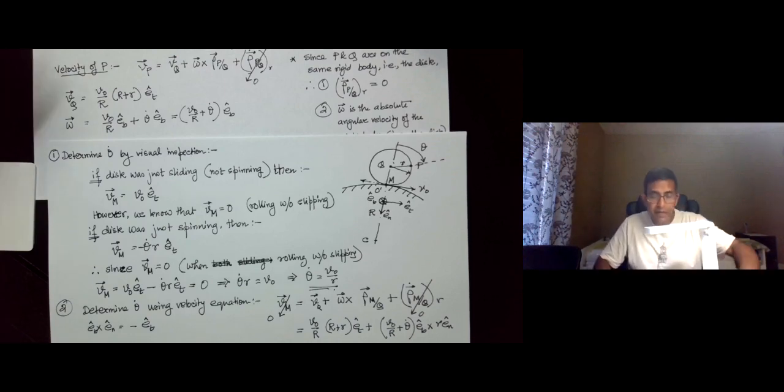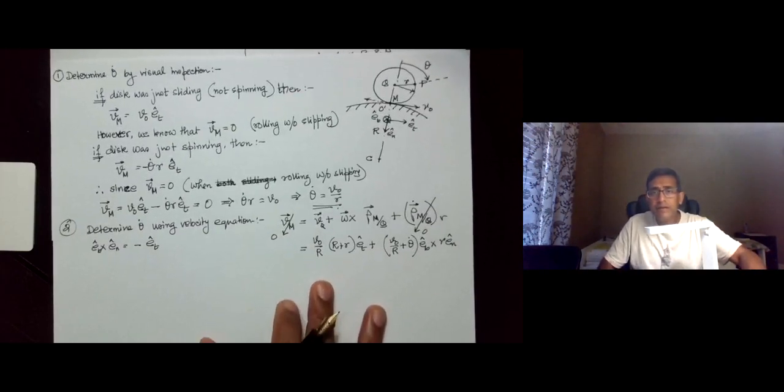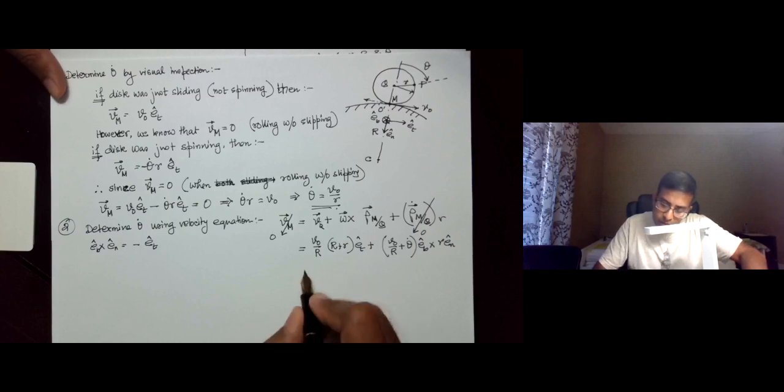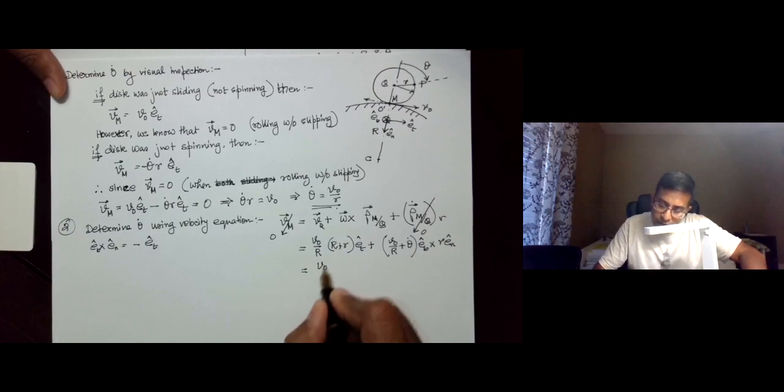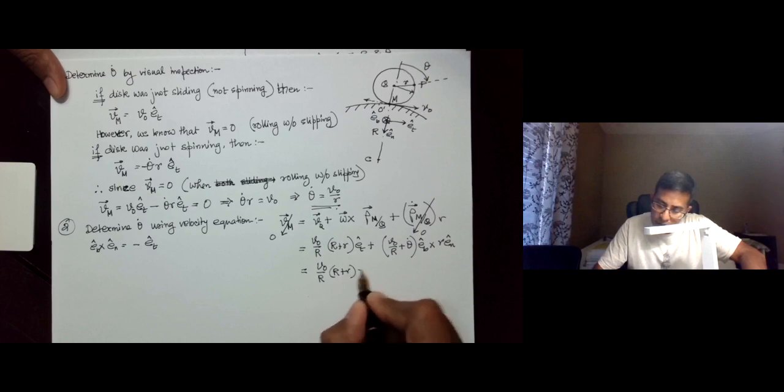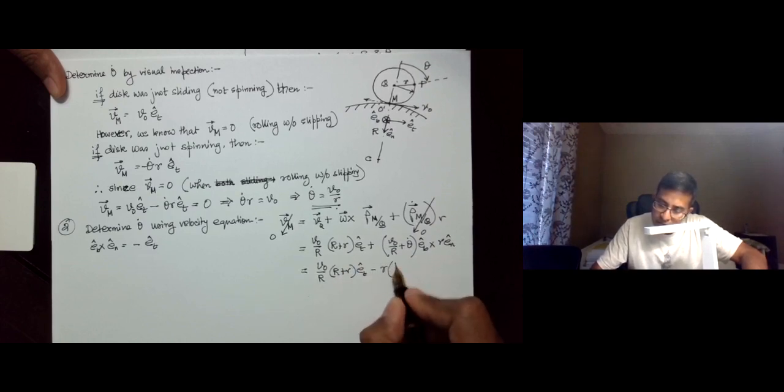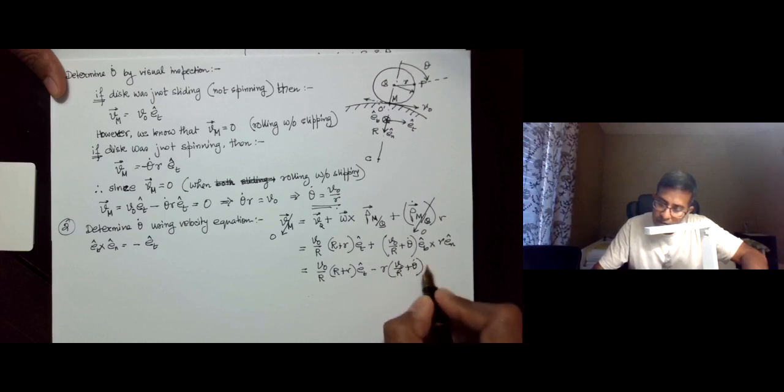So we have then V0 divided by capital R times capital R plus small r et, minus r times V0 over capital R plus theta dot et.